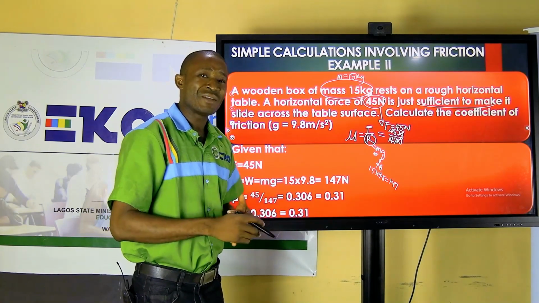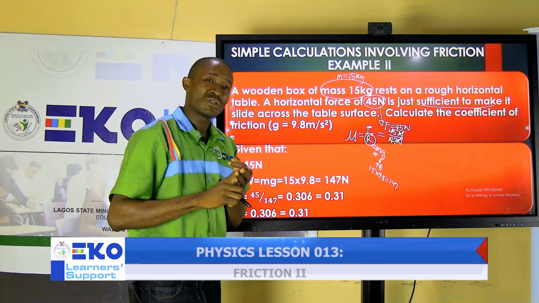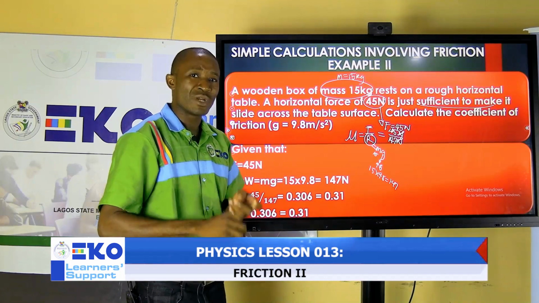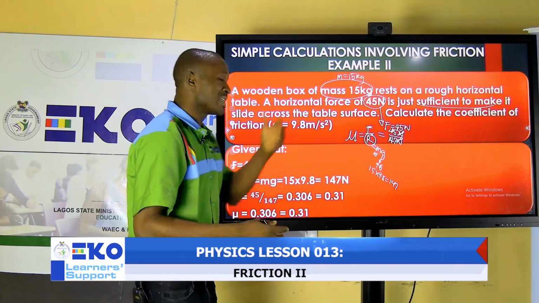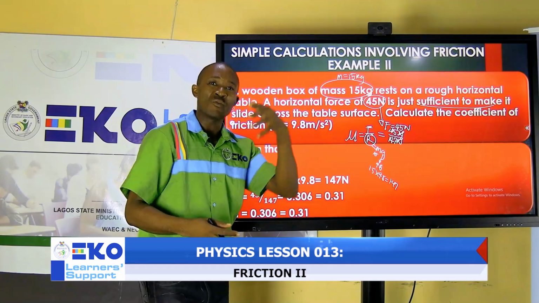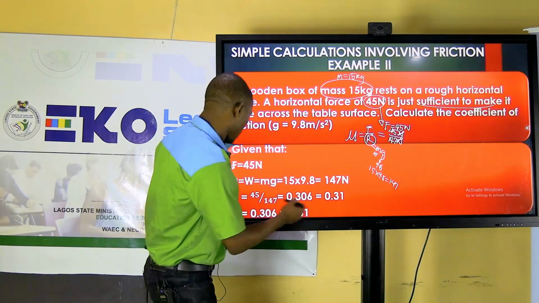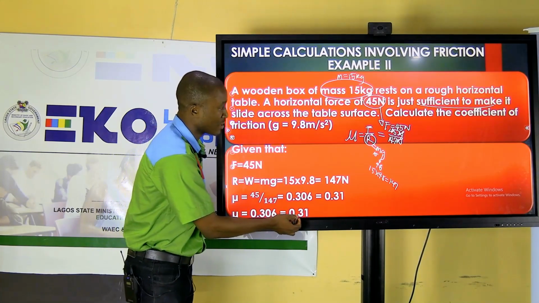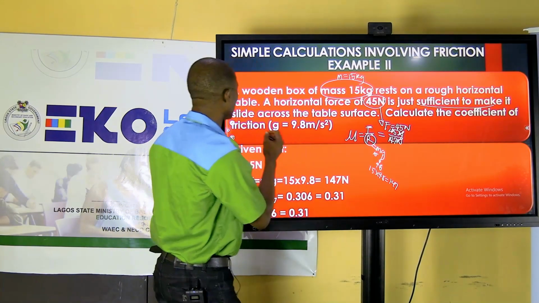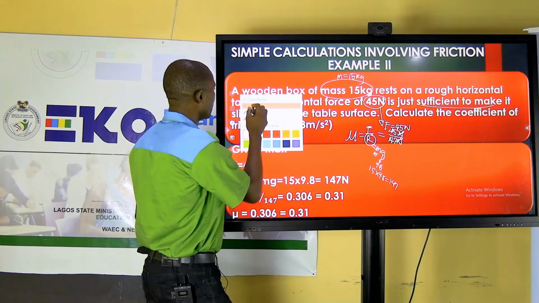Not only that, mechanical advantage does not have unit, velocity ratio does not have unit, tensile strain also does not have unit. So take note of all of these in case you are asked in your theory part for quantities that don't have unit. So coming back to what we are doing, coefficient of friction here can be approximately said to be 0.31. Let's go to the next question now.